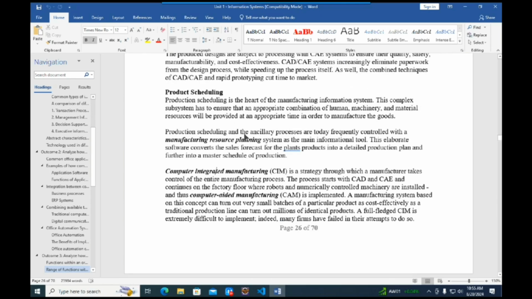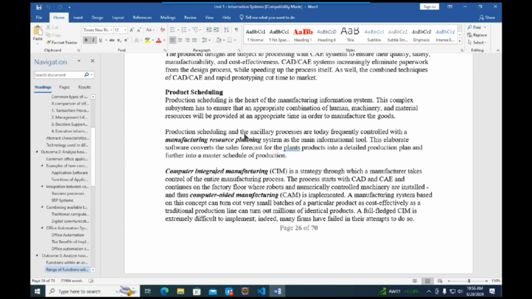Then we have product scheduling. Product scheduling is the central part of the manufacturing information systems. It is really complex because it has to make sure there is a proper combination of the human, the machinery in use, and the material resources provided at appropriate times to make sure that goods are manufactured.